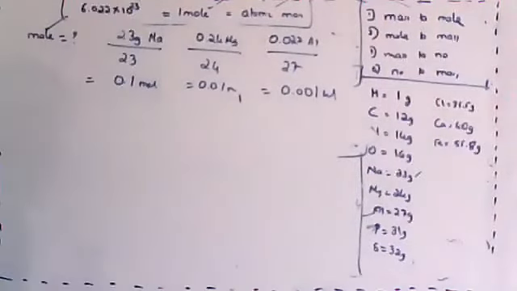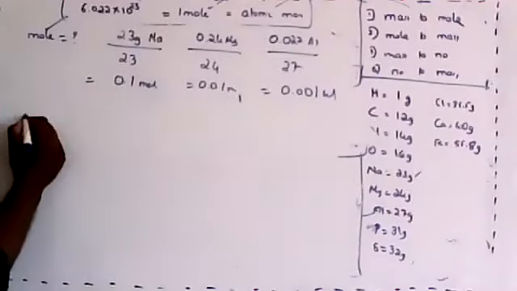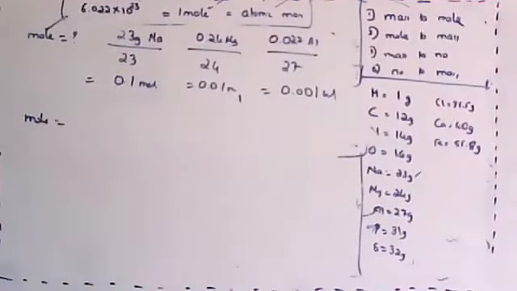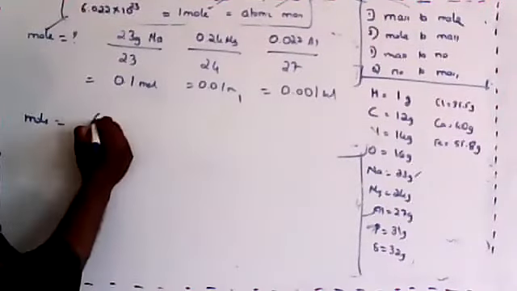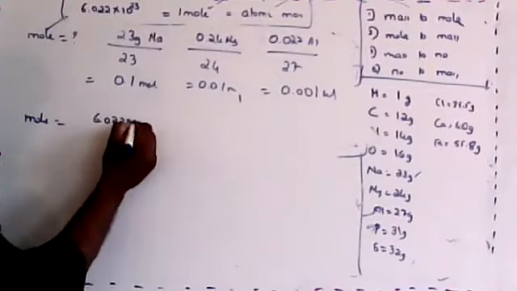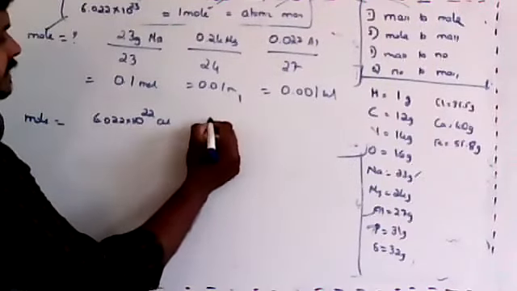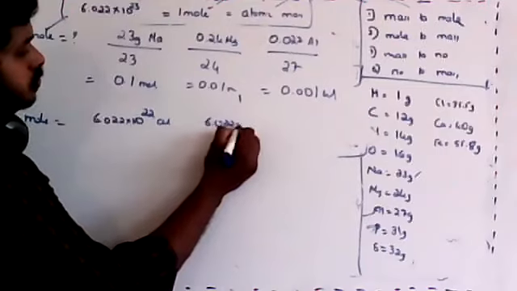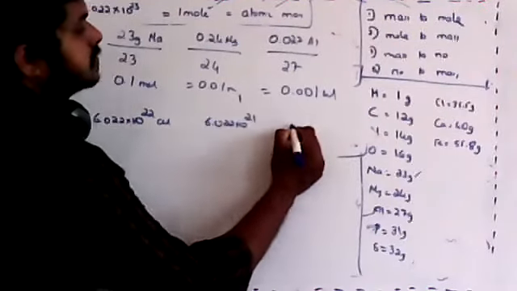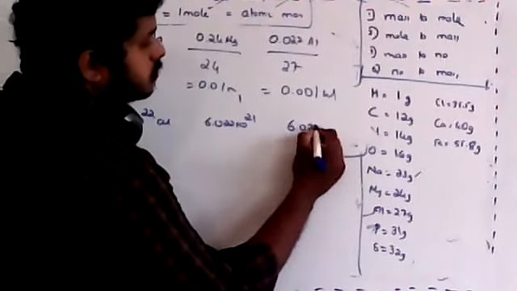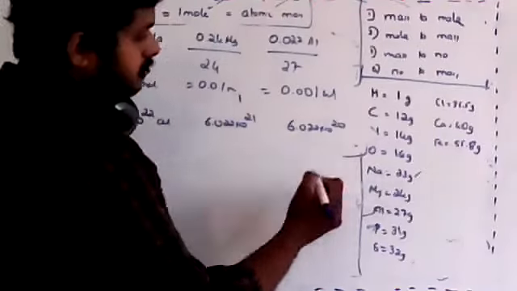Now, again I'll ask mole. Dear students, concentrate. This time I give a number. Imagine there is 6.022 into 10 to the power 22 atoms, in the second set 6.022 into 10 to the power 21 atoms, and in the third set 6.022 into 10 to the power 20 atoms.